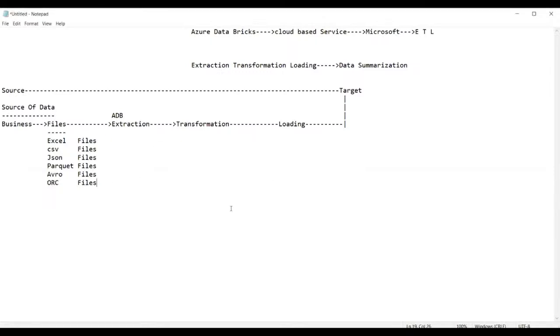Now, apart from getting the data from the files, we can also get the data from the business in the form of a database. And the database can be an Oracle database, or a SQL Server database.